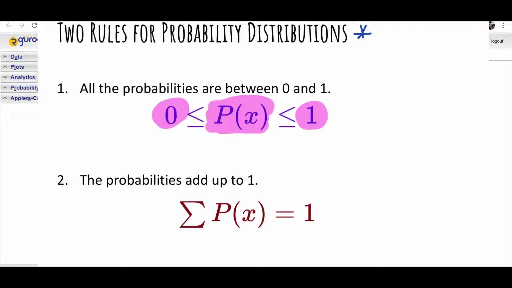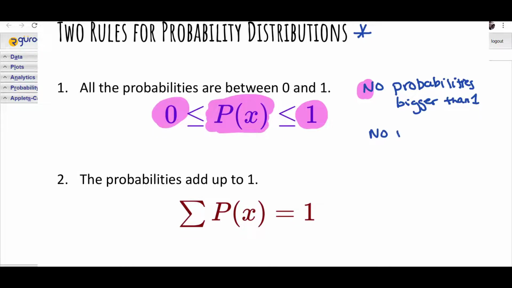So, no probabilities bigger than 1, no negative probabilities.